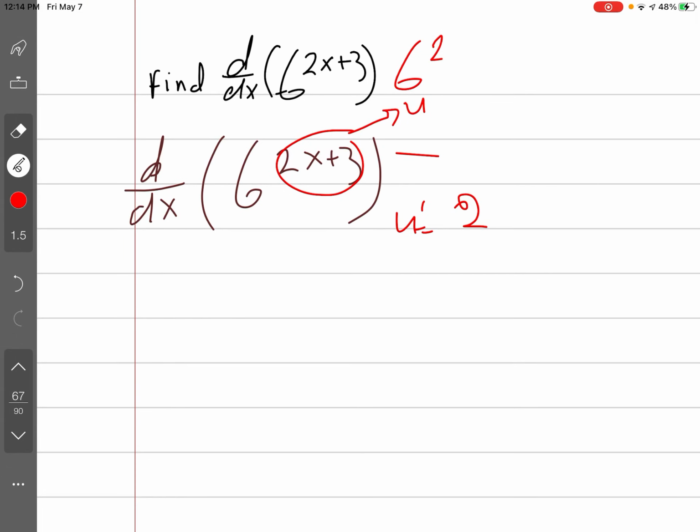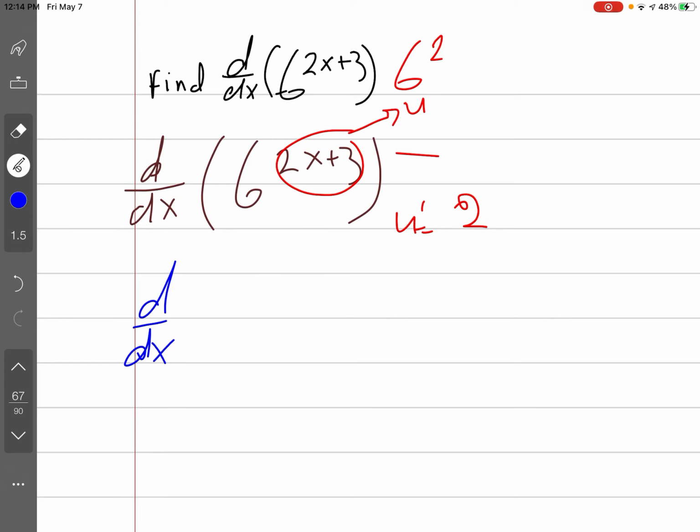Next, let me change the color quickly. So next I have to do d over dx. We have to do something called natural log, which we have to learn today. Any number like 1 over x or something like that, that's called natural log.